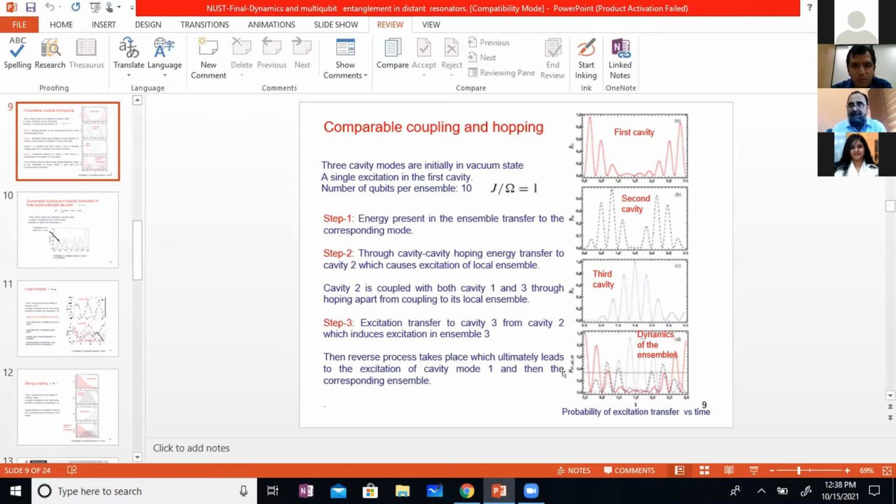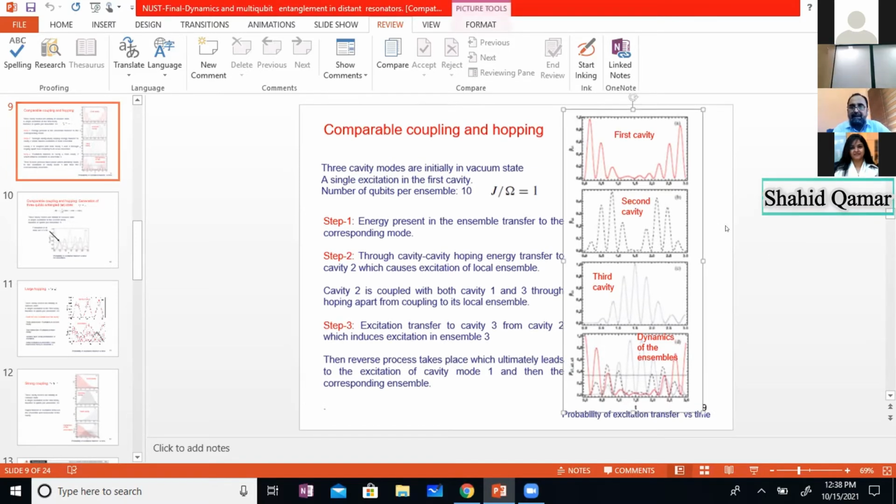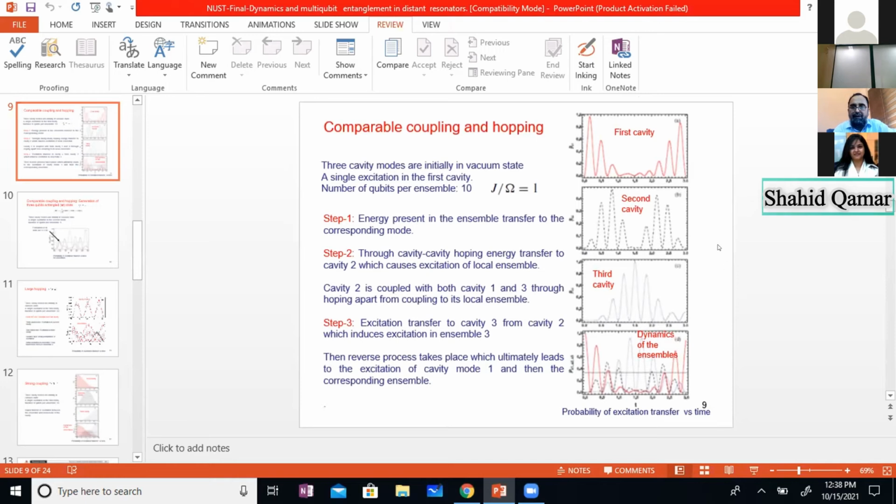It shows the first cavity, right? And we assume the 3 cavities to be initially in the vacuum state. And we have a single excitation in the first cavity, meaning the ensemble of the first cavity is assumed to be in the excited state. And now recall this pendulum problem. This excitation will go to the second pendulum, and that's exactly what is happening. Excitation is going from the first to the second cavity, right?